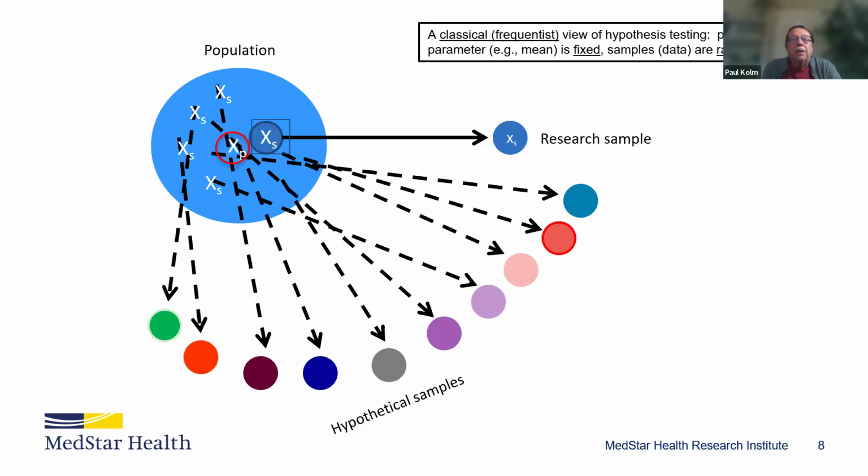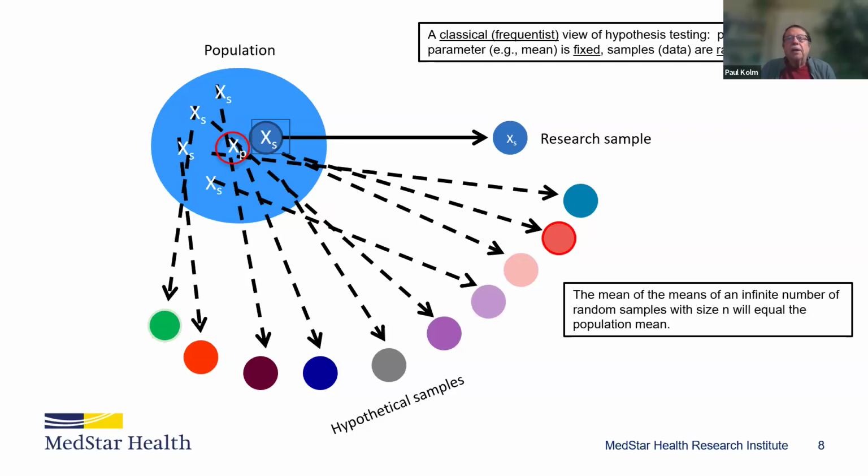Let's say it's a mean. And if you drew an infinite number of these samples from the population, then the mean of the samples would equal the population mean. But of course, we can't get an infinite or even probably two samples from the population. Your research is based on one sample that you draw from the population of interest. But this is the basic idea of random sampling over and over again. What would you discover, or what would you conclude?